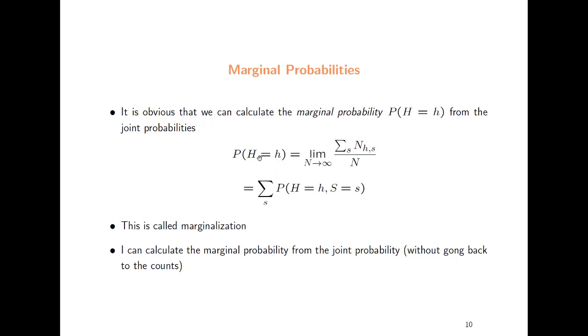That gives us the probability of the height, and you can see it from this plausible formula here. This process is called marginalization. So I can calculate the marginal probability from the joint probability without having to go back to the counts. I can do it based only on these probability values.